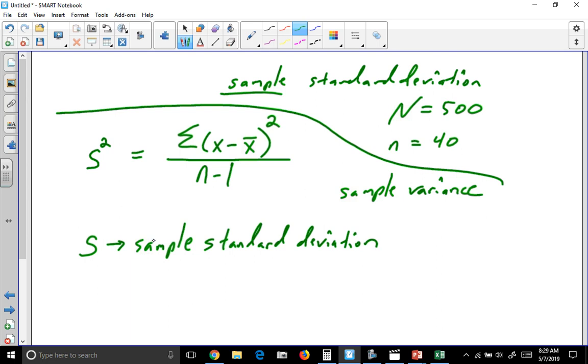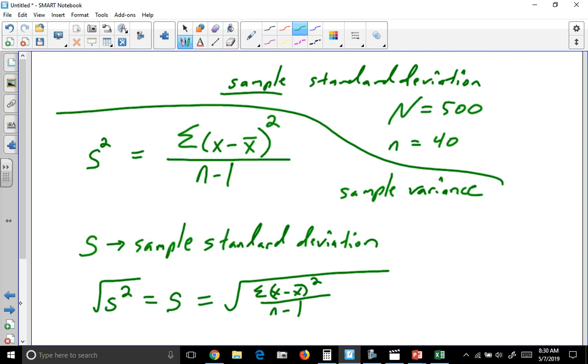So just like with the population variance, if we want the standard deviation to get rid of the square, we take the square root of both sides, because the square root of anything squared is itself. So the standard deviation in terms of the sample can be achieved this way.